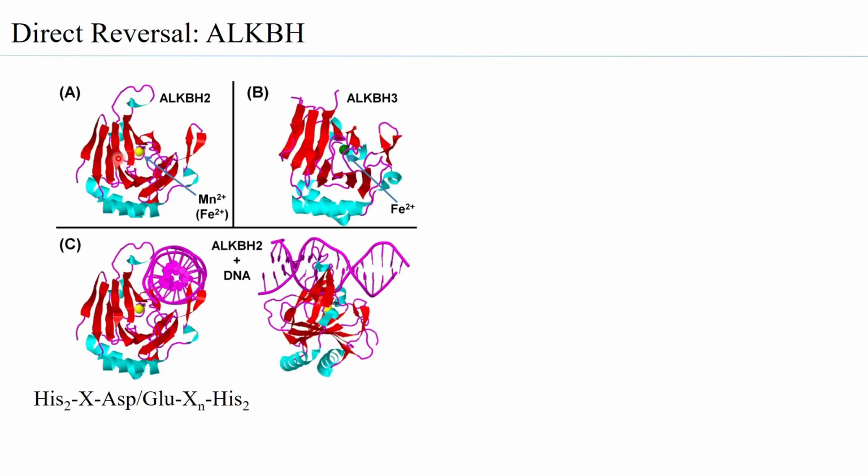Now, what happens is that within the active site domain is present a very special motif which is called histidine X aspartate, or glutamine X again histidine. This motif plays an important role in enabling the reaction to happen.